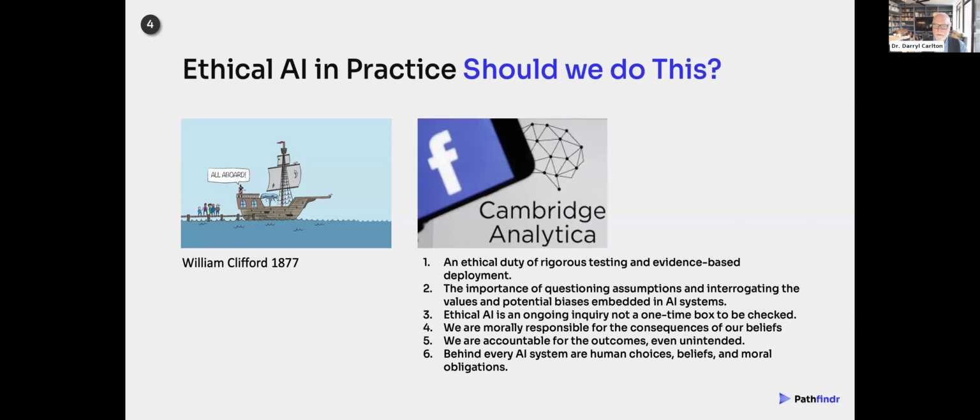And we can contrast this with the Cambridge Analytica and the Facebook problem. There was an ethical duty of testing and evidence-based deployment, which was not achieved. There was no questioning of the assumptions and interrogating the values being implemented in what they did at the time.